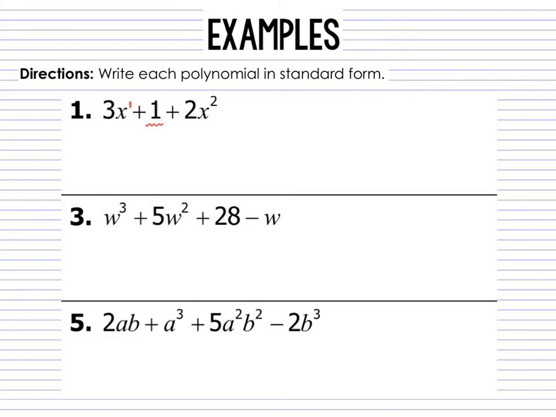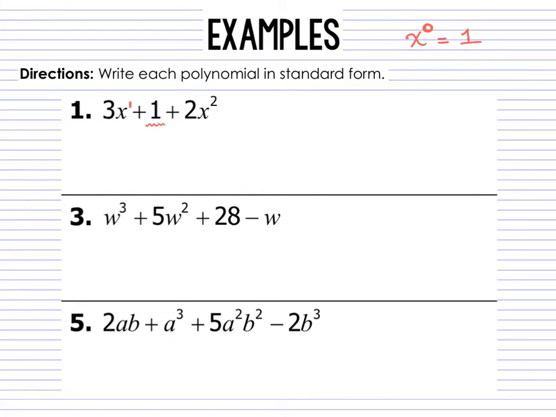This 1 here is the one that's a little tricky, because you're going to say to me, but Miss Evie, there is no variable, so there's no exponent. Well, remember that anything that has an exponent of 0 is equal to 1.